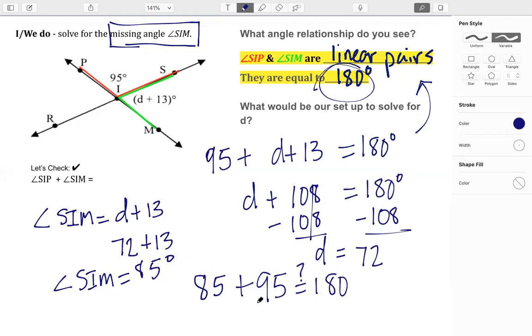Is that true? Yes, if you add up 85 and 95, you do get 180 degrees. So this tells us that we just proved that the linear pairs and their values that they gave us are indeed equal to 180, and they are linear pairs. Okay, folks, let's see one more example.